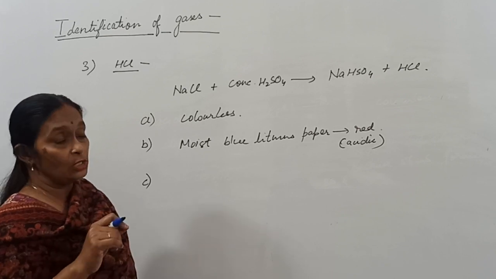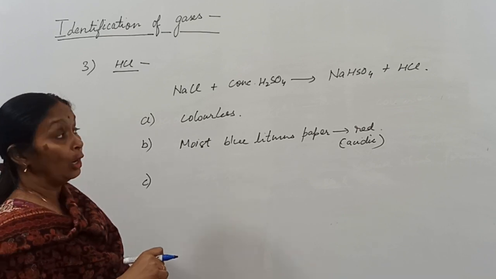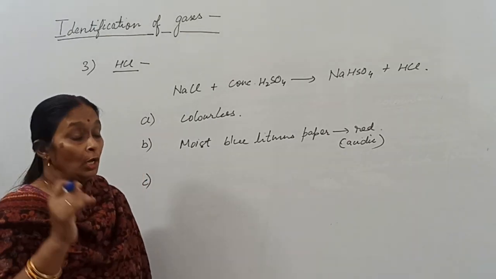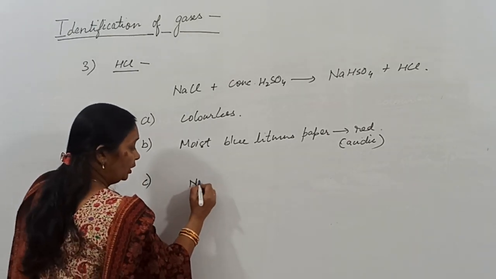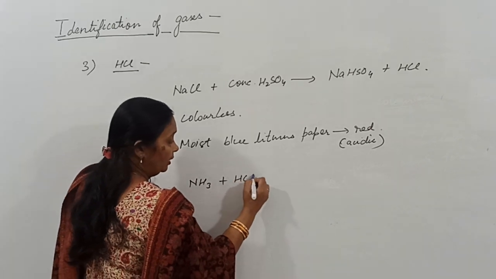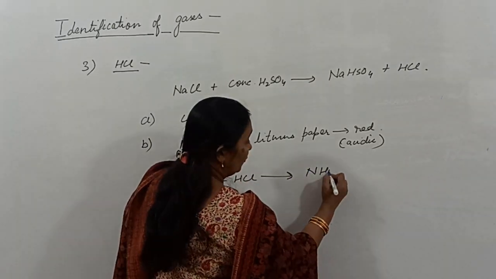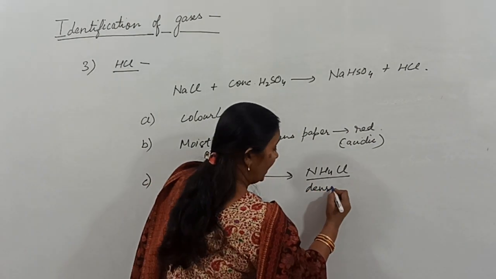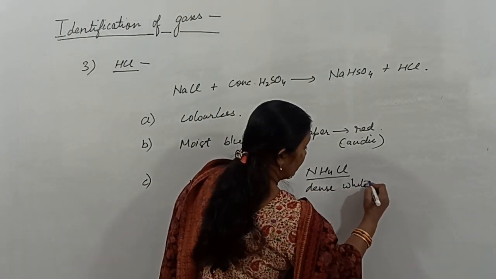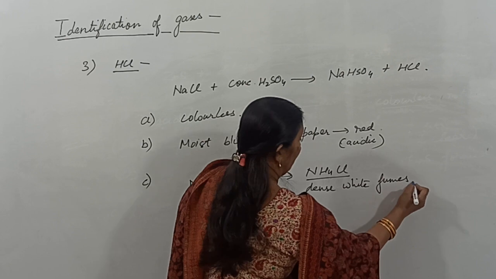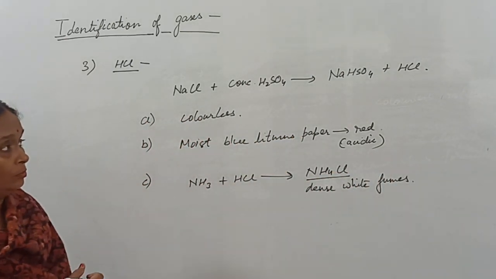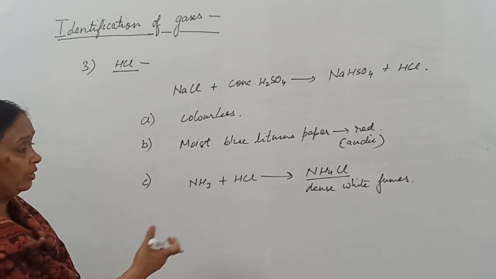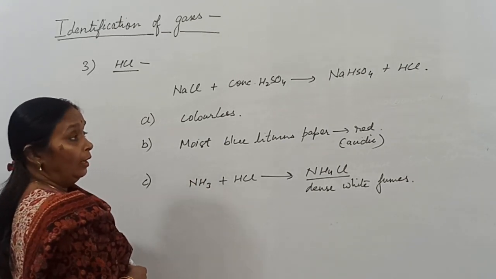When a glass rod dipped in ammonia solution is brought near the test tube from which these HCl vapors are coming out, what happens? Ammonia and HCl together form ammonium chloride. So what do you observe? You observe dense white fumes of ammonium chloride. This is how you can identify the gas.